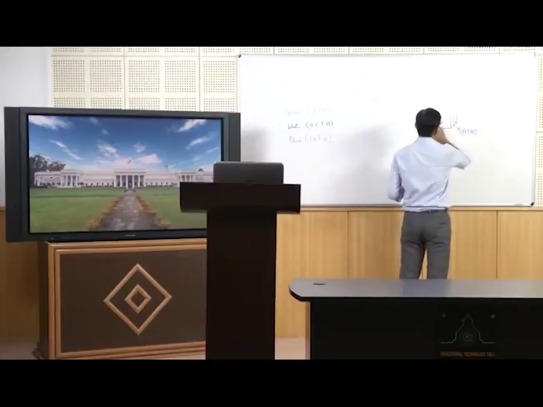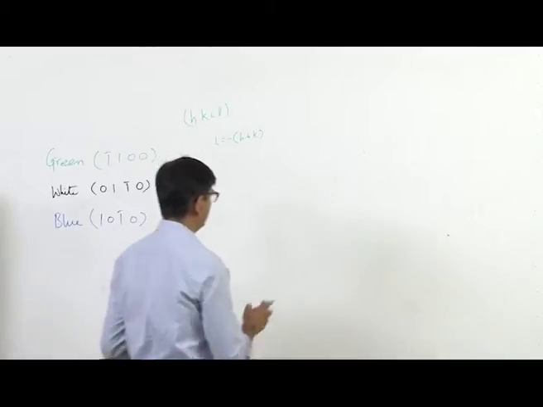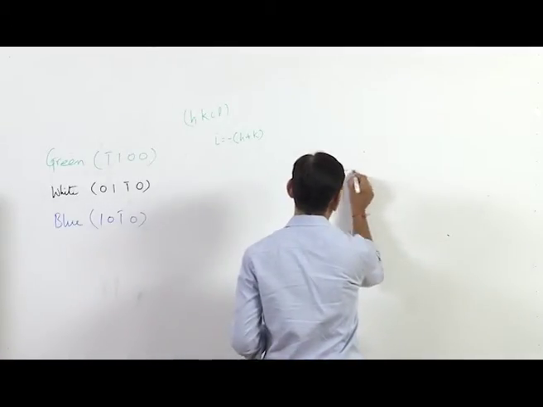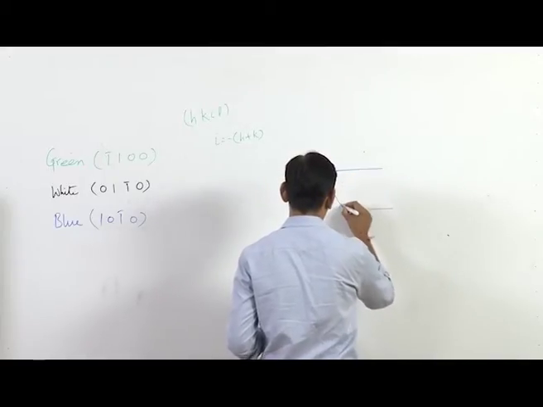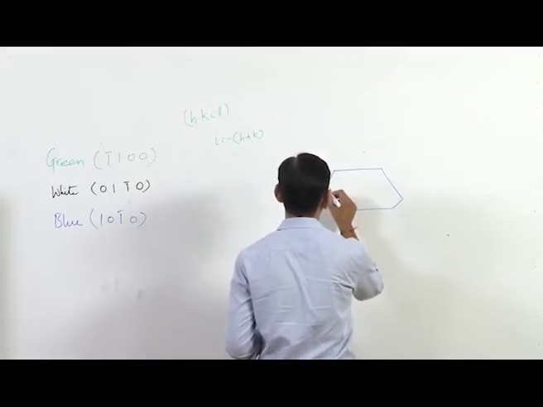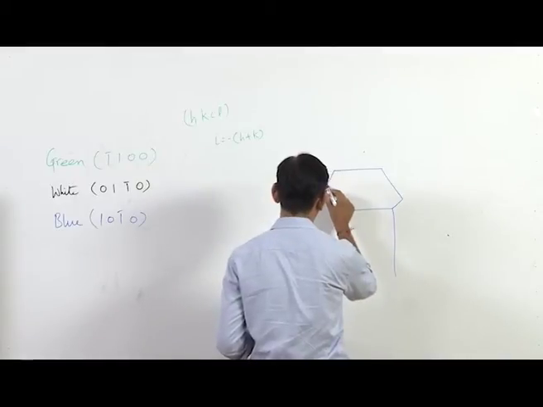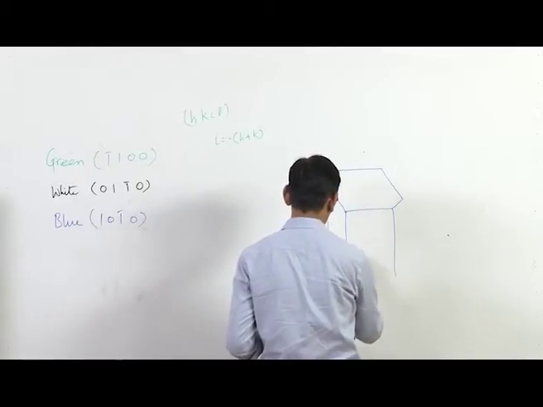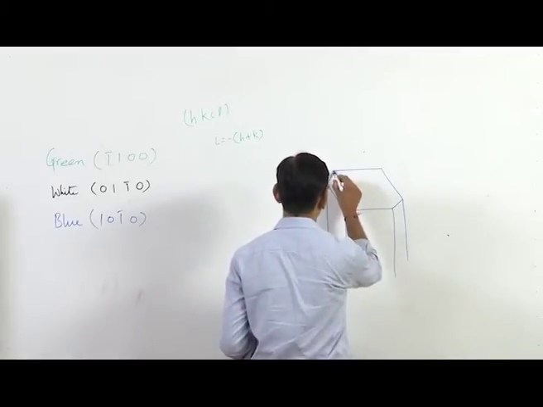If you want to draw different planes in the hexagonal system, you can do that. For example, you have to start drawing quickly.